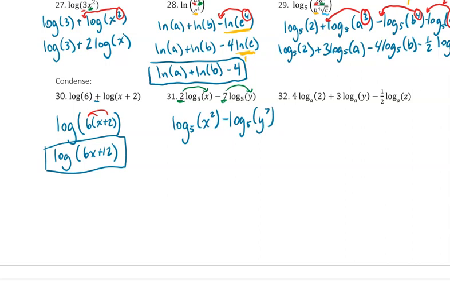All right, then next up we have a minus. Minus means division. So we're going to have log base 5. Then we're going to have the x squared on top and y to the 7th on bottom. And that's our answer.